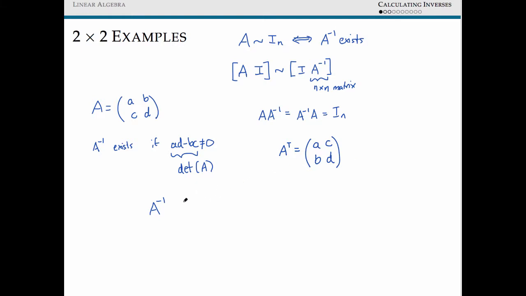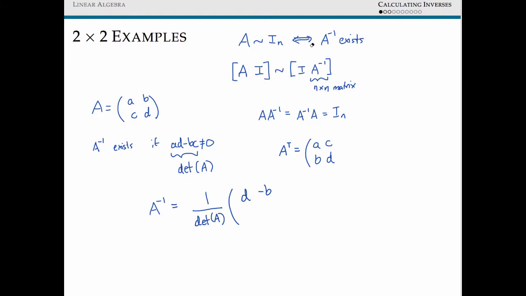The way we're going to obtain our inverse is we look at 1 over the determinant, and for each of these entries, let's say to calculate the entry in position 1, 1, we cross out the first row and the first column and look at what's left over. Similarly, if we want to compute the entry in the first row and second column, we would cross those out, and we'll actually put a negative B here.